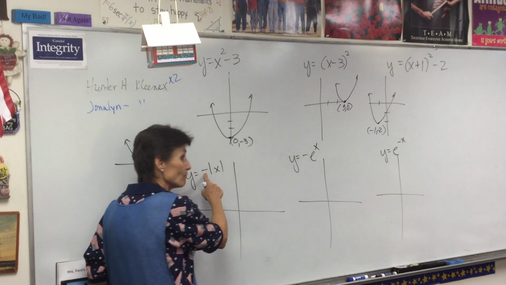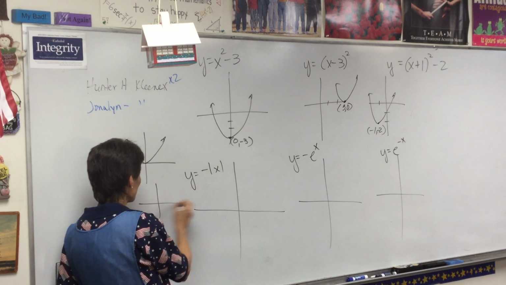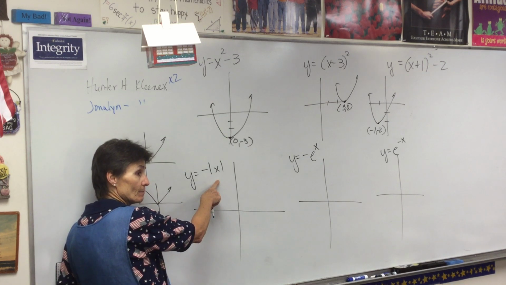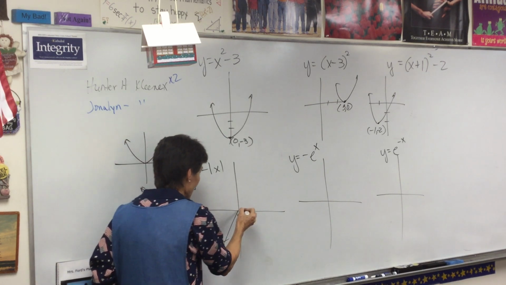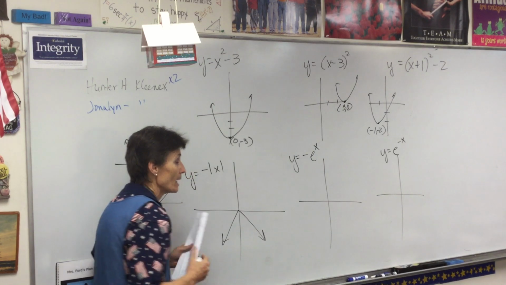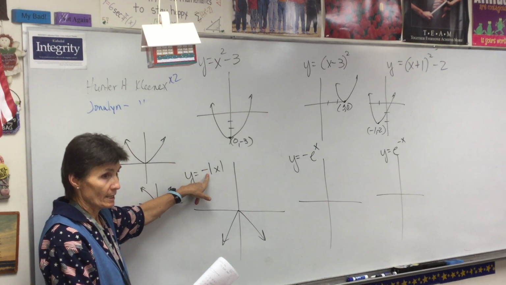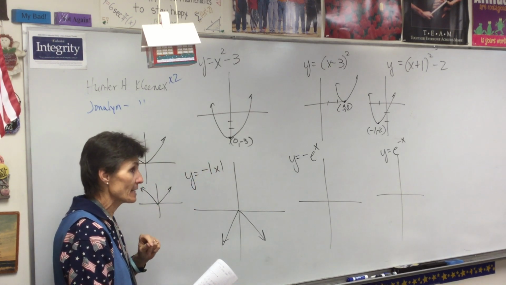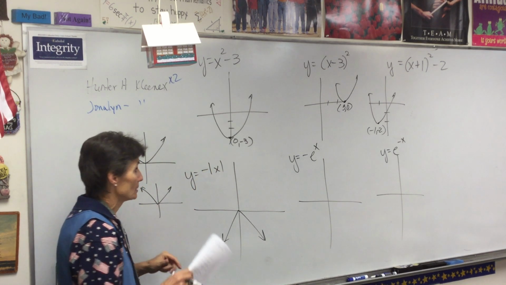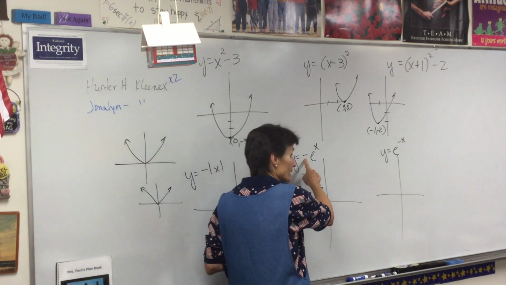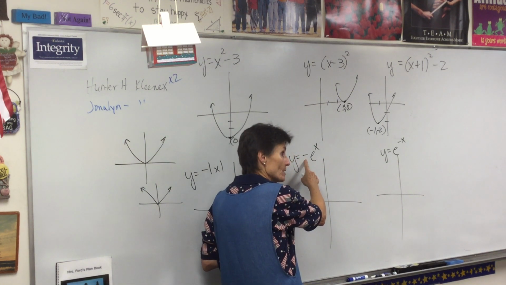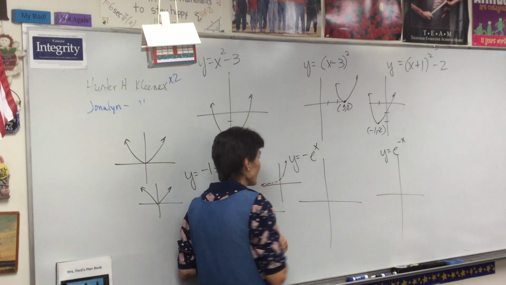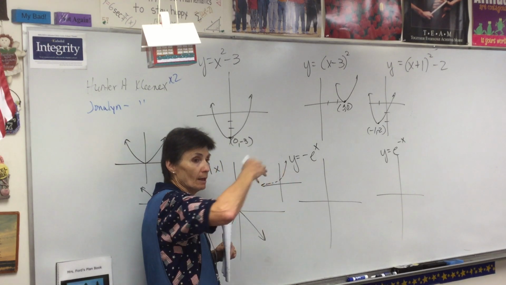So a negative out in front takes your normal picture, it's a V, and makes it upside down. A negative out in front turns your picture upside down. So where is this negative? Out in front. So it's going to turn my exponential upside down.